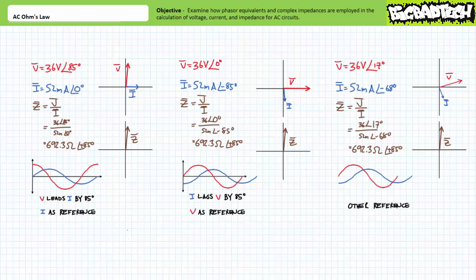This being said, if you think about it, AC Ohm's Law as applied to AC circuit analysis scenarios is almost a direct copy of Ohm's Law as applied to DC circuit analysis scenarios. Really, the only thing we've added to our discussion is sine waves, complex number math, complex impedances, and phasor representations.